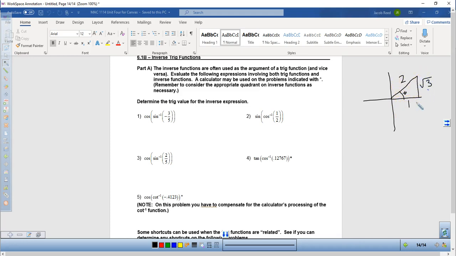This means this is square root 3, because it's a 30, 60, 90, or 1, square root 3, 2 triangle. So I've done this part. Now I just need to do sine of the theta. Well, it's root 3/2, opposite over hypotenuse.